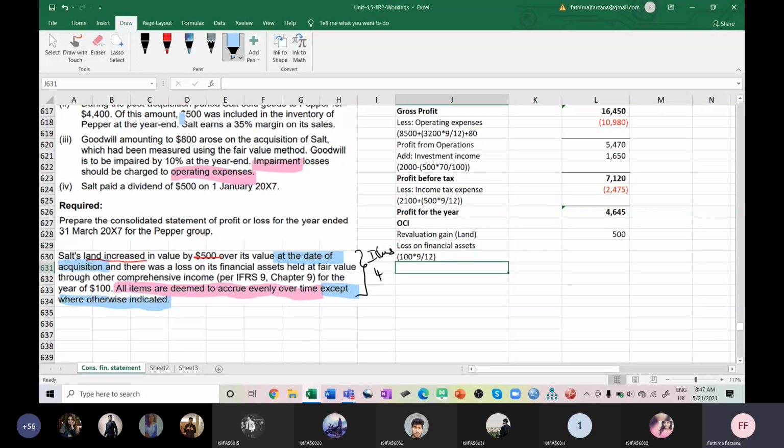But for the other item, they didn't mention when the value was computed. Otherwise, if nothing specific is mentioned, you have to assume evenly. So continuously the profit and loss was happening, so this loss had to be split across the months. So only the post-acquisition period you have to take.